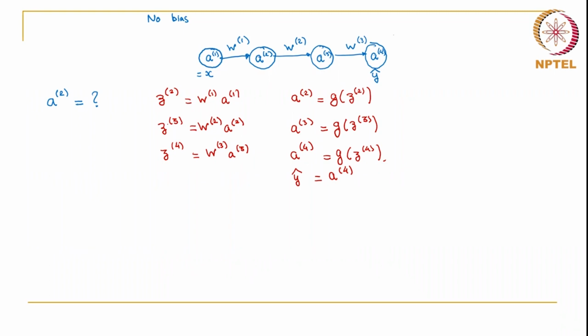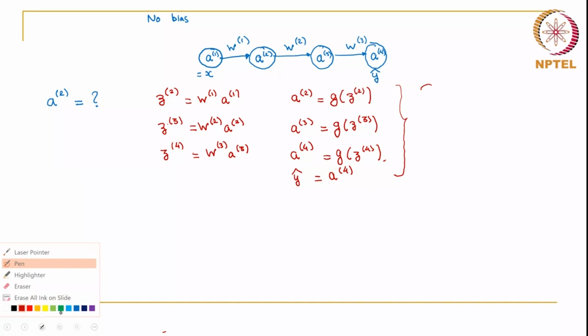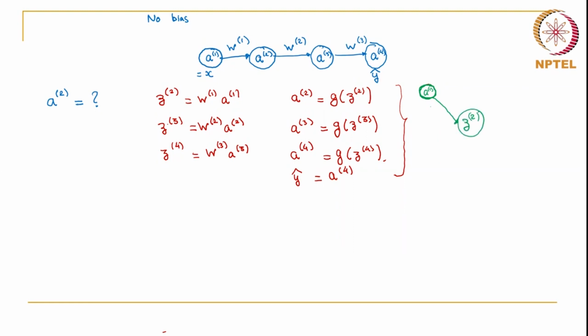In fact, just to make this explicit, I am going to draw an alternate figure, which I will use. I mean, I don't see this in any textbook, but I use it, find it useful for visualization. Let me see if this is visible. Yeah. Let's call this A1. A1 goes to Z2 through W1.